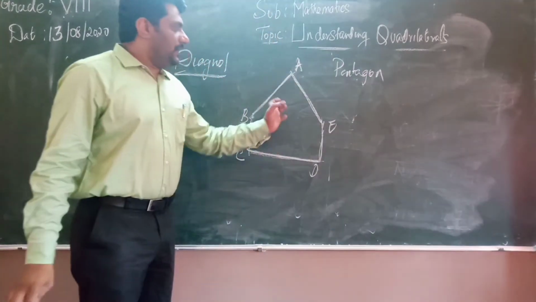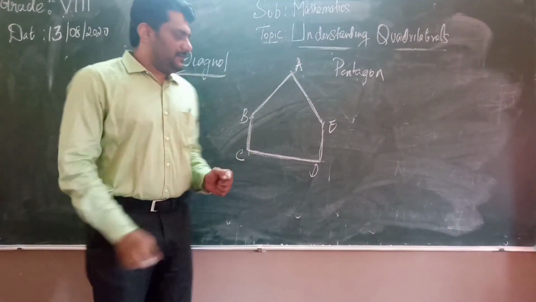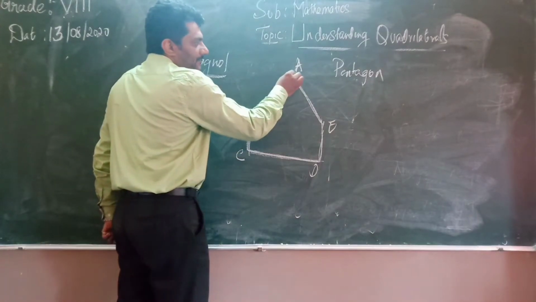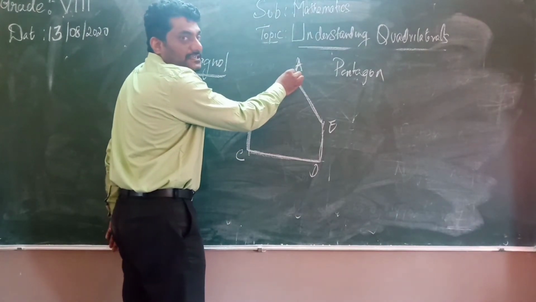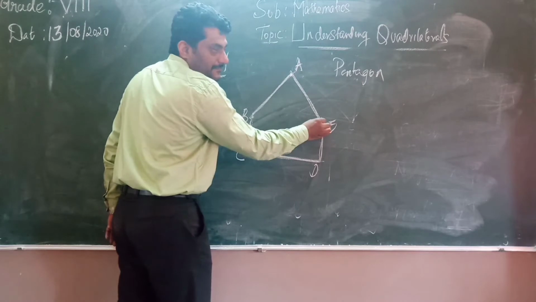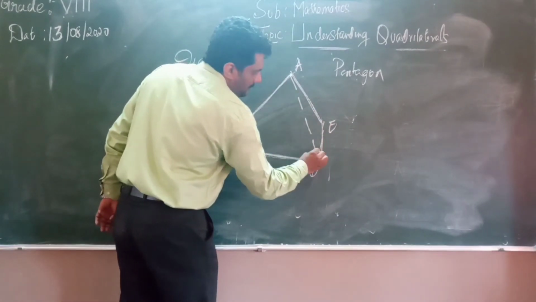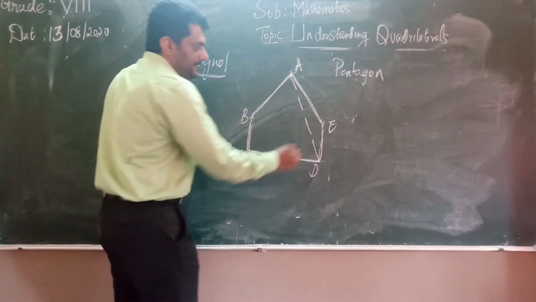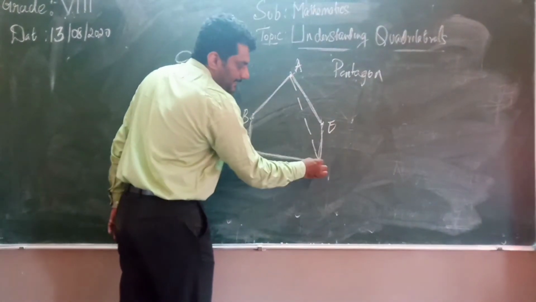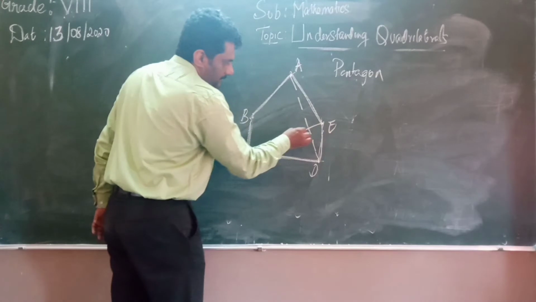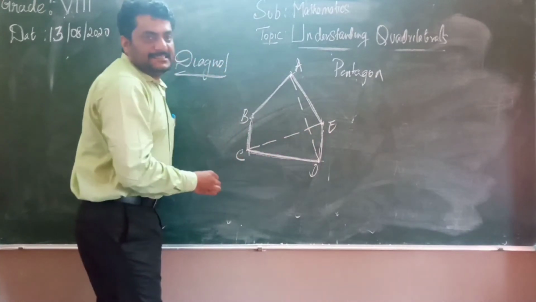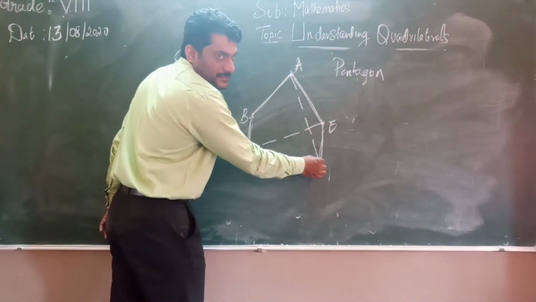Now how do we draw the diagonals here? Take the first point A, leaving the consecutive one, this will be the non-consecutive. This is the first diagonal. Now take the second point, leave this point, join this one. This is the diagonal.